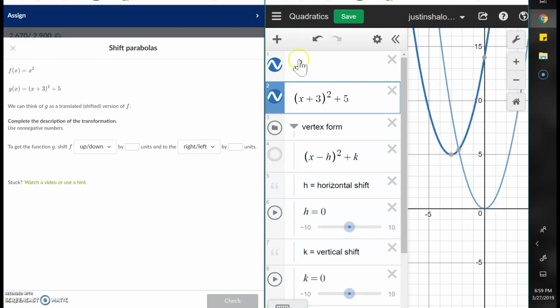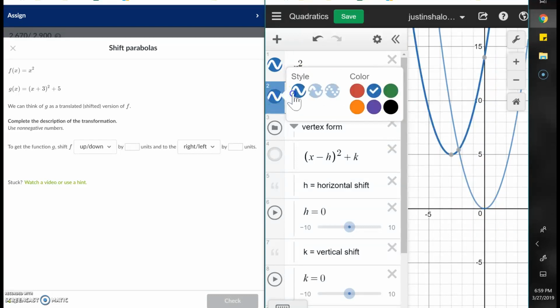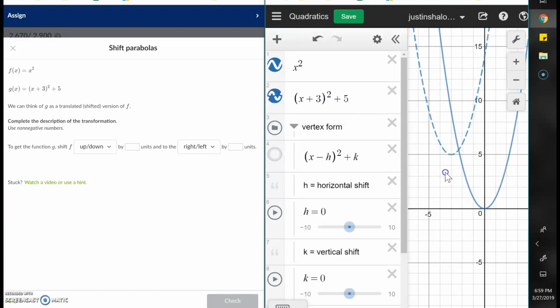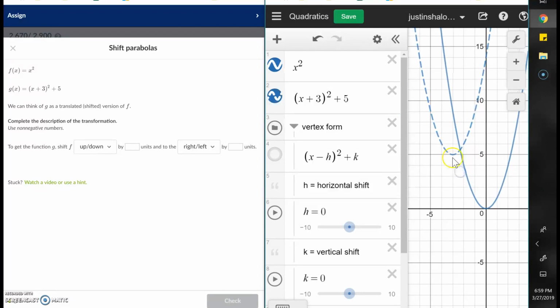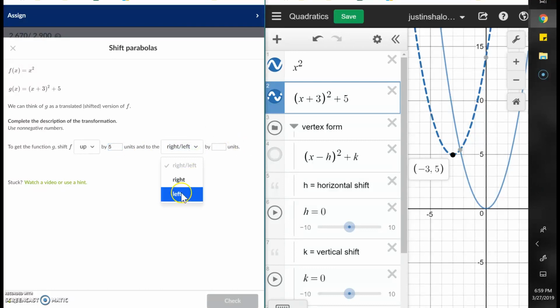Now we're just describing the transformation, so I'll make this one dashed. What just happened to the dashed line? Well, it went up. Up is vertical, would be a y value, so 5. It went up 5, and went to the left 3. We don't have to put negative 3, left means negative.